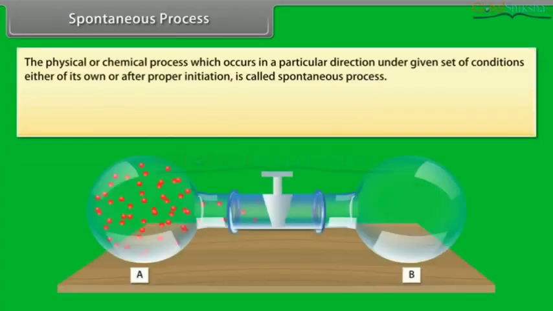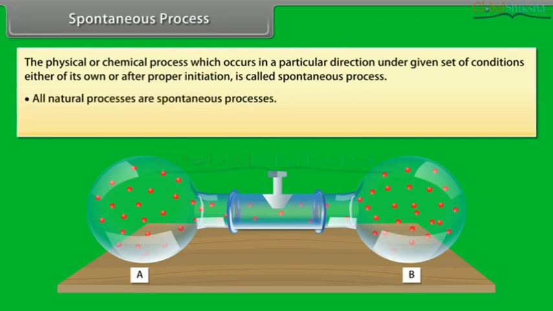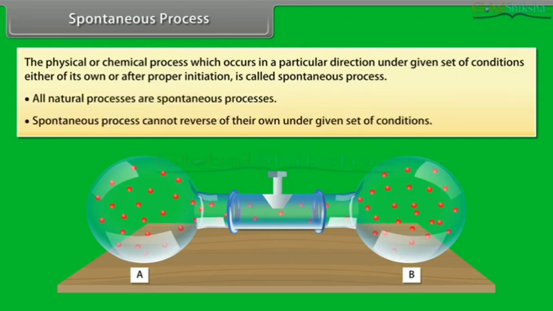Next our topic is spontaneous process. This is an example of a spontaneous process. Then what do you mean by a spontaneous process? A spontaneous process is an irreversible process and may only be reversed by some external agency.